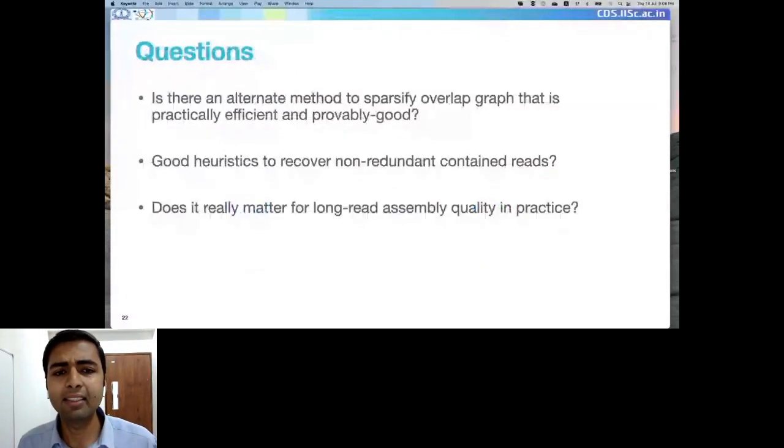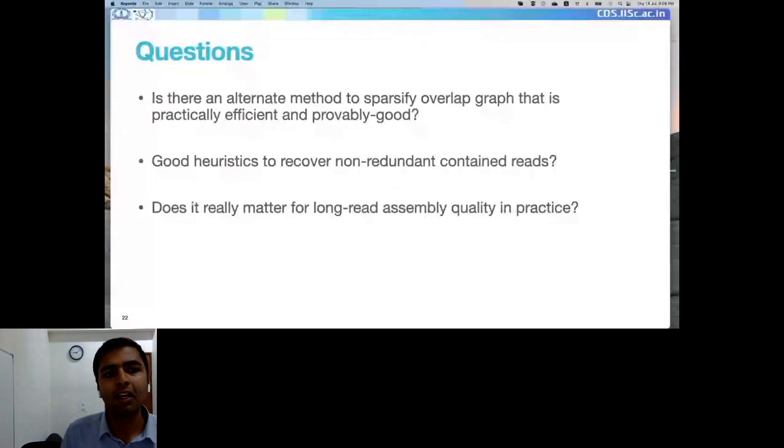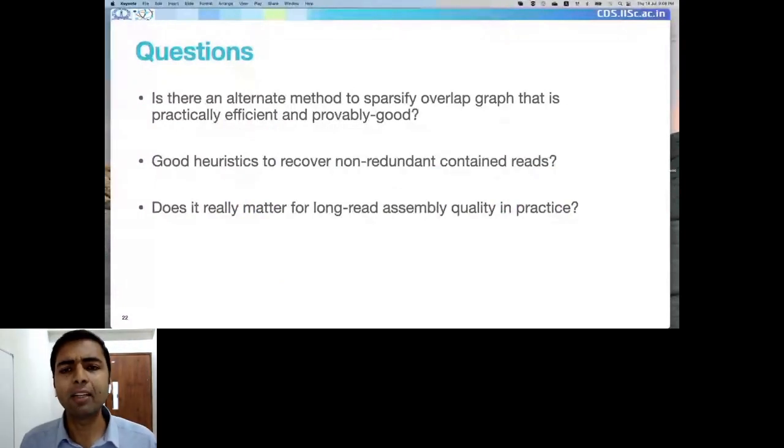So this analysis leads to the following questions. Is there an alternate method to sparsify the overlap graph that is practically efficient and provably good? We have seen in the previous examples that overlap graphs tend to be very big, and graph sparsification is very important. So we cannot ignore graph sparsification. That has to be done. But is there a way that is practically efficient and provably good?